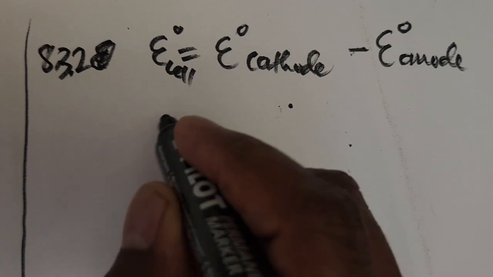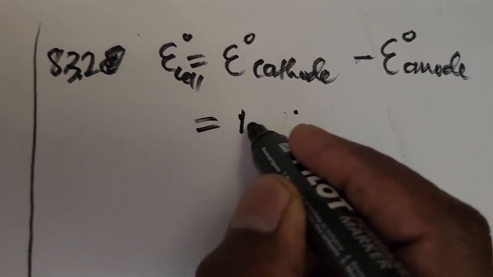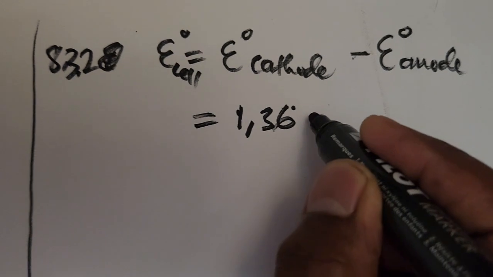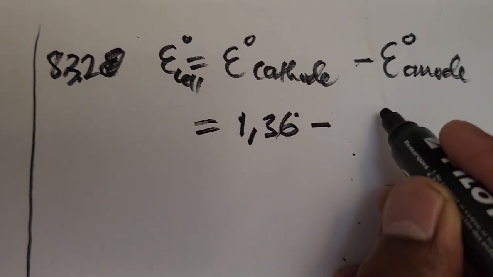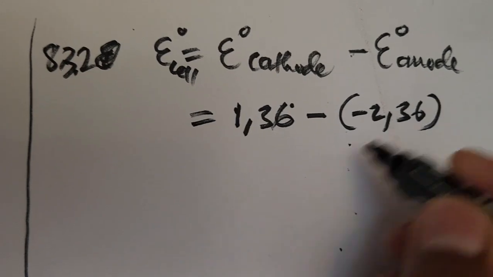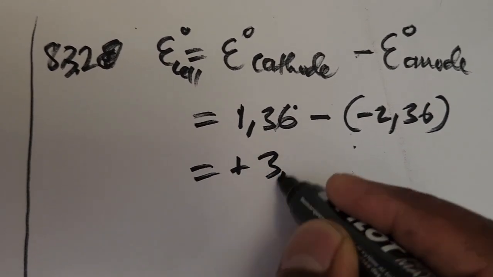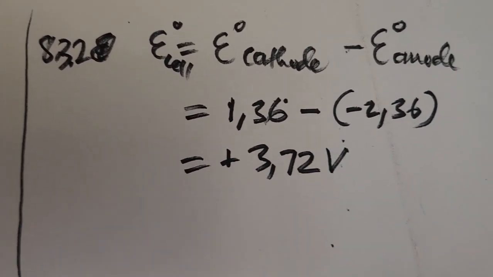In this case, the cathode is 1.36, the anode, magnesium, is negative 2.36. Therefore, the answer will give us positive 3.72 volts. Very important.